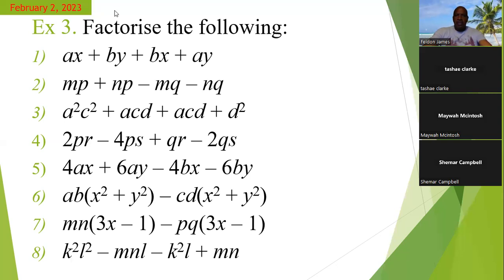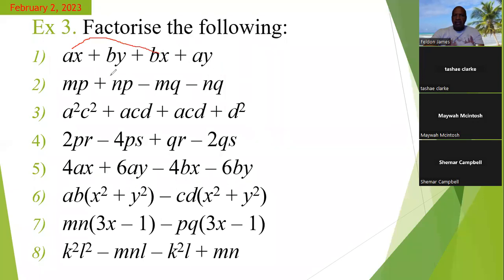For question 1, what we notice is that in the order the terms are in, if you pair them like that, they don't offer any common factor. So what you need to do in that case is reorder them so that you can find pairs with common factors.